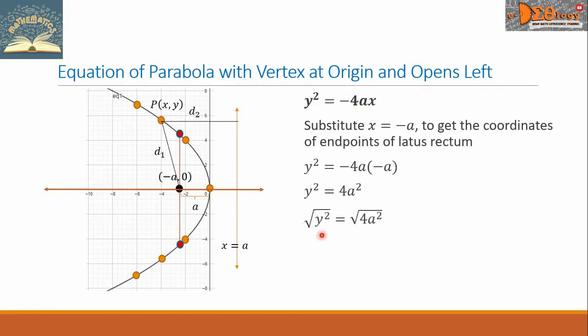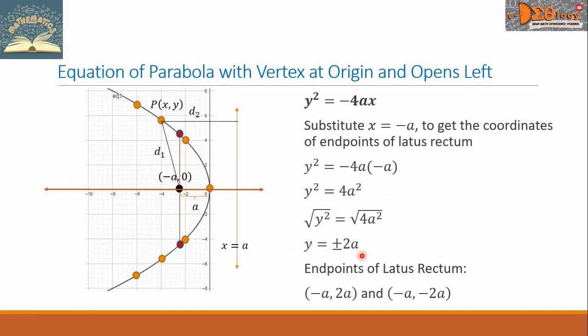The radical sign and the power 2 on the left side cancel each other, so y equals plus or minus 2a. So the endpoints of the latus rectum are the points (-a, 2a) and (-a, -2a). This point here is (-a, 2a), and this point here is (-a, -2a).